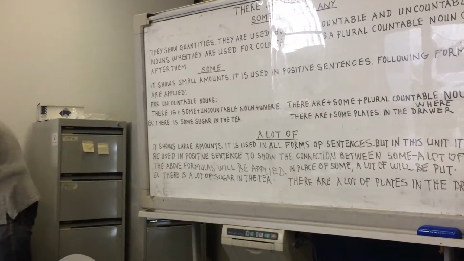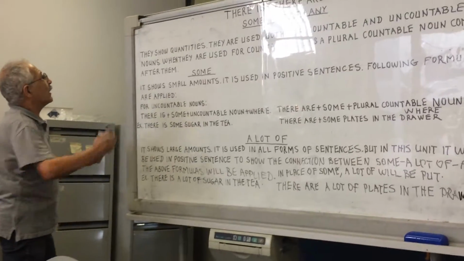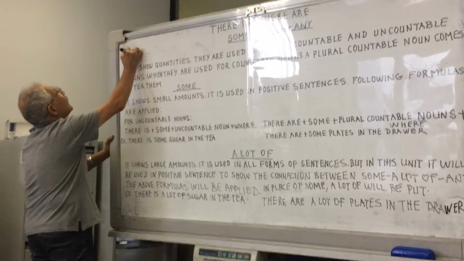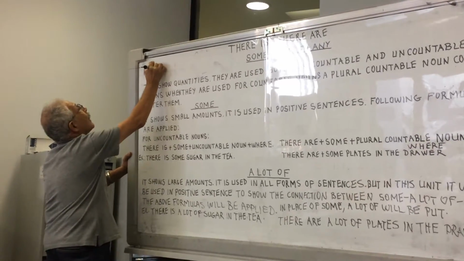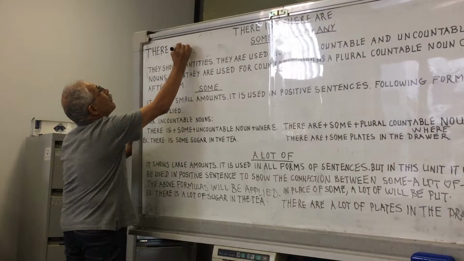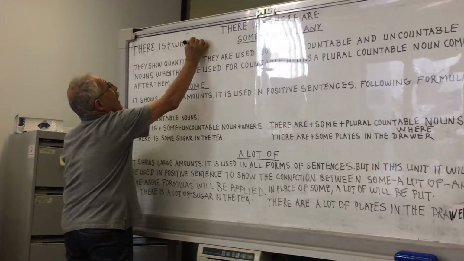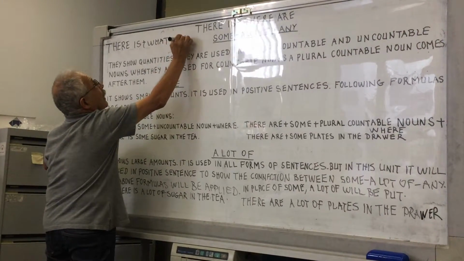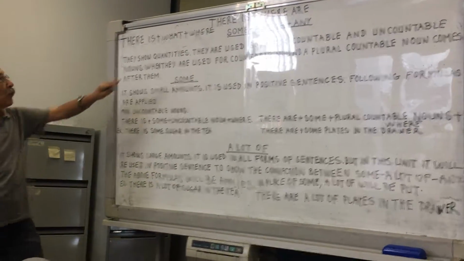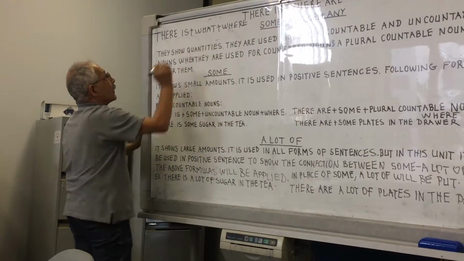Actually, if you remember, when I explained there is, there are, we had those formulas. There is, what, where. Instead of what, we put some and uncountable.